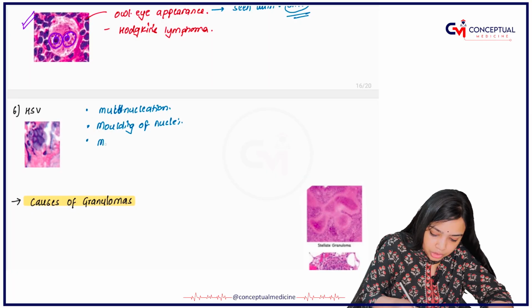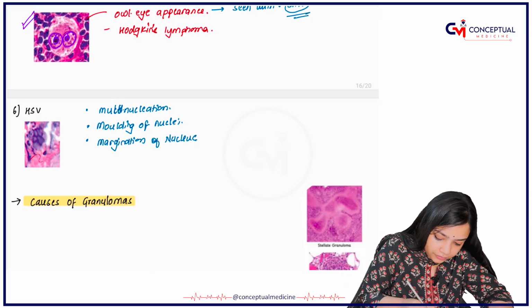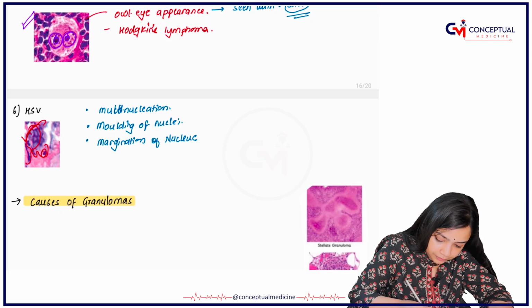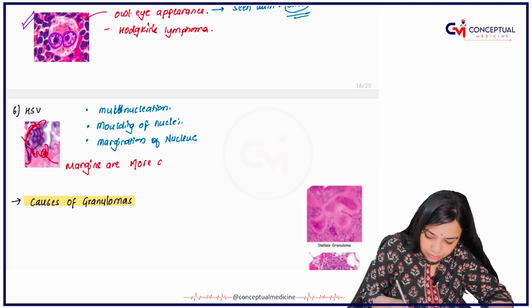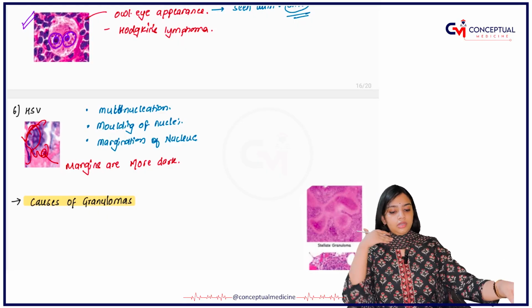There is margination of nucleus. See, I'll also explain you. Look at this figure. In this figure, you are able to appreciate that the margins are more dark. Okay, this is about the HSV.